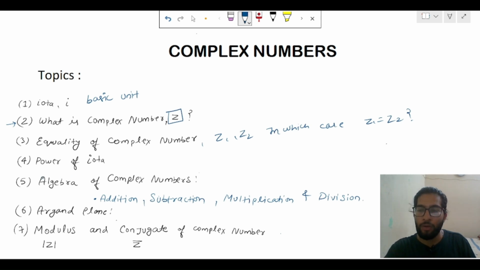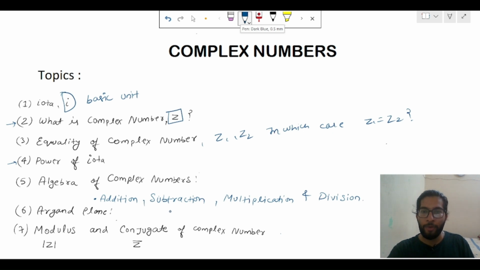Okay. Now after that we will go through the powers of iota, meaning iota square, iota cube and so on. After that we will cover the algebra of complex numbers, in which we will discuss addition, subtraction, multiplication and division of complex numbers.